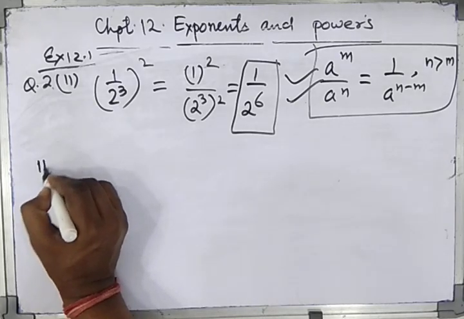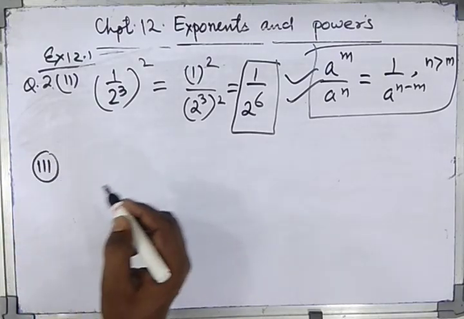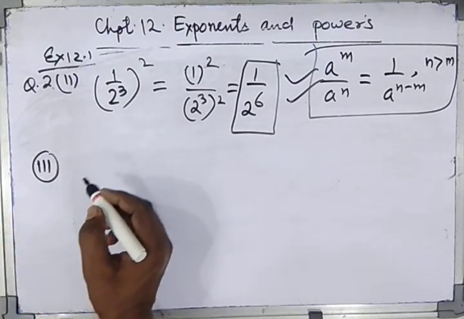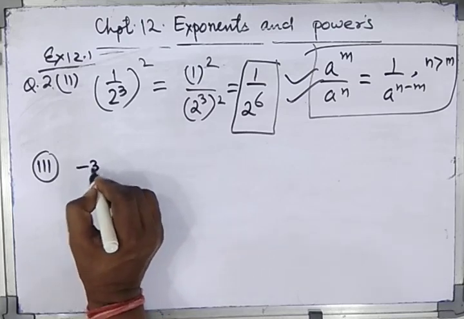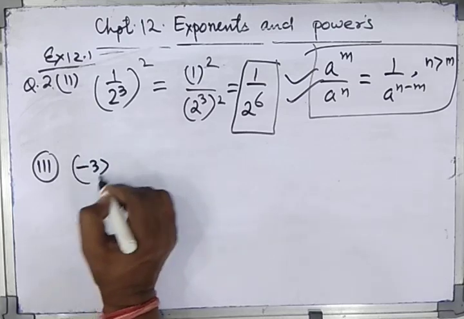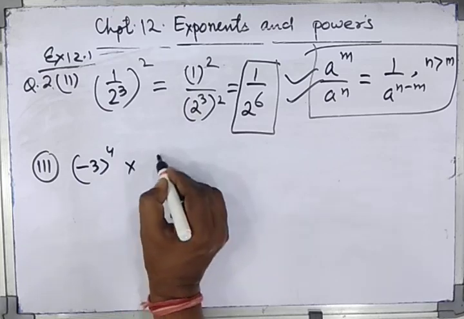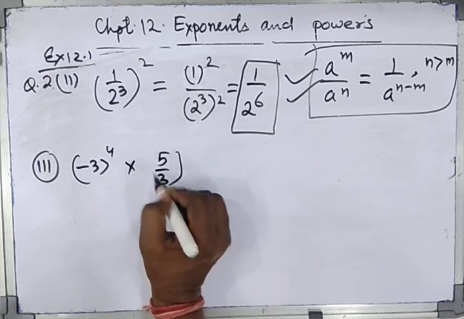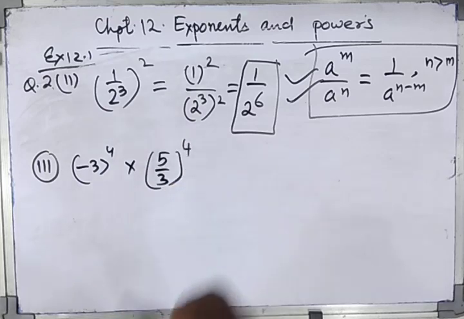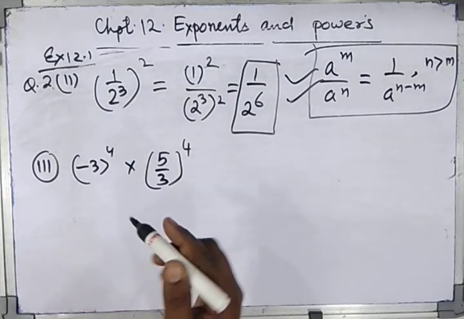Next, third one, students. Minus 3 raised to 4 into 5 by 3 raised to 4. Use the formula, students.